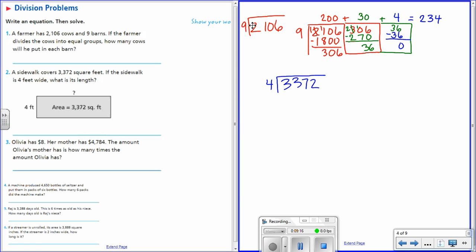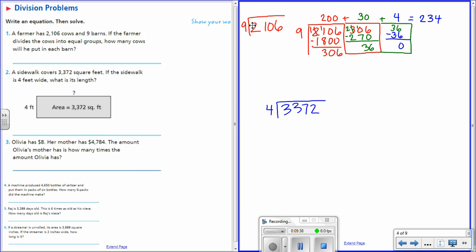I'm going to do the expanded notation. So the answers are going to build up. So I'm kind of looking at 4 goes into 3,372. And I'm honestly, boys and girls, really focusing on this 33.